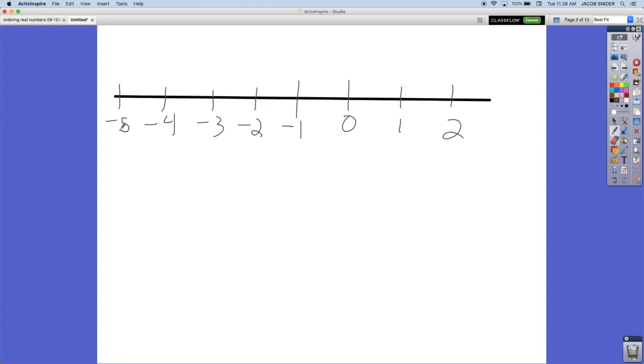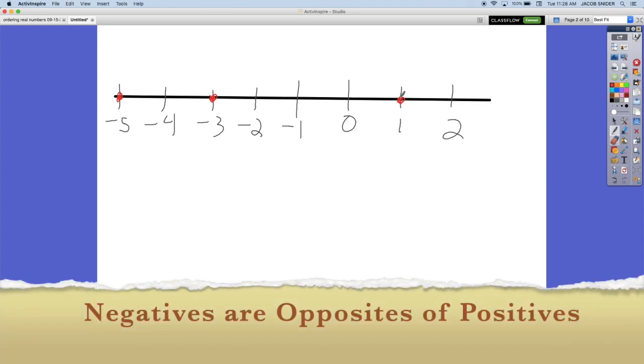Now when I list those numbers, I know that -5 is smaller than -3, which is smaller than 1. The smallest number up here is -5. So if it was +5, we might think it's the biggest number, but negative up here, it would be my smallest number, okay?